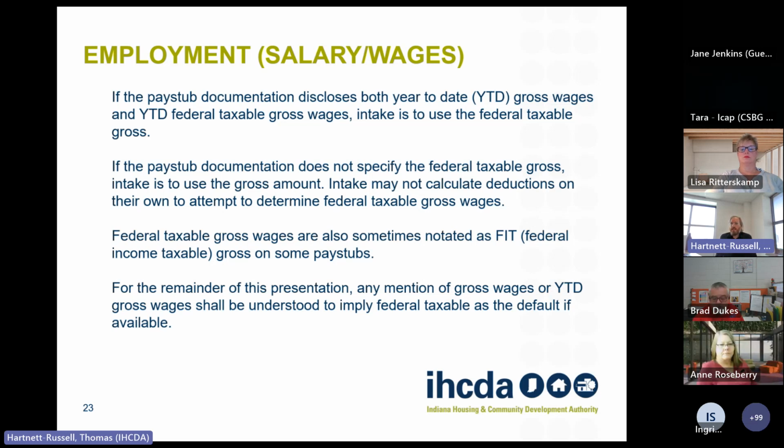Intake may not calculate the deductions on their own in order to attempt to determine federal taxable gross wages. Federal taxable gross wages, it should be noted, are sometimes notated as FIT gross on some pay stubs. And for the remainder of this presentation, any mention of gross wages or YTD gross wages shall be understood to imply federal taxable as the default if that figure is available.